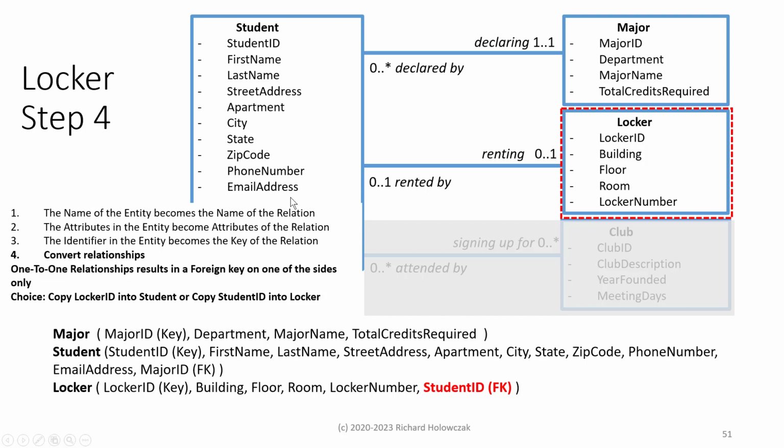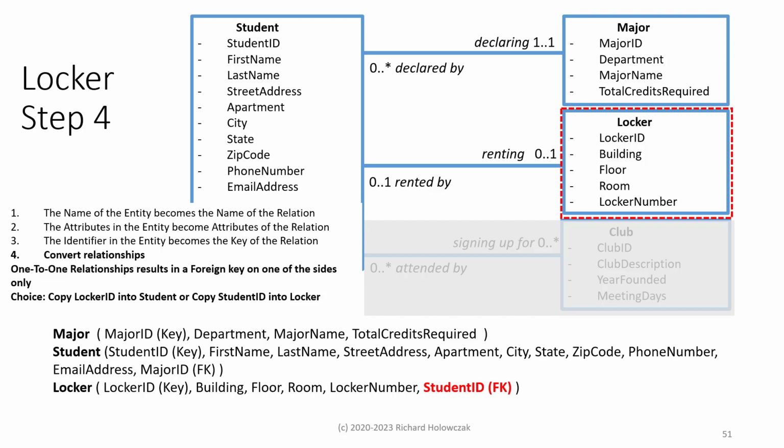The point that I wanted to come back to is that not all students have lockers. So in this case, it makes sense that we copy the student ID from the student relation into the locker relation as a foreign key. It kind of looks a lot like what we just did for the one-to-many relationship.